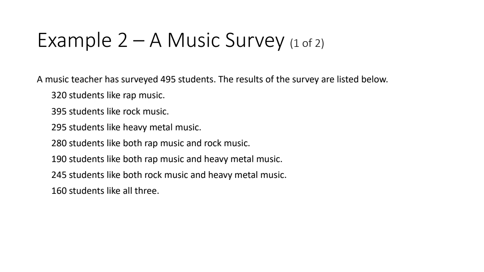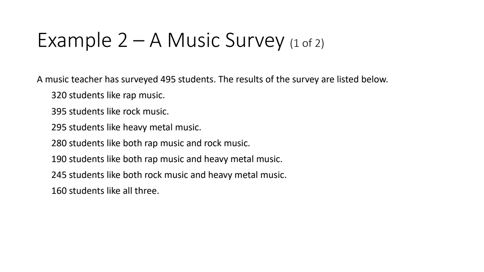We have 320 students that like rap music, and 395 students like rock music, and 295 students like heavy metal music. 280 students like both rap music and rock music. And then 190 students like rap and heavy, 245 like rock and heavy, and then 160 students like all three.